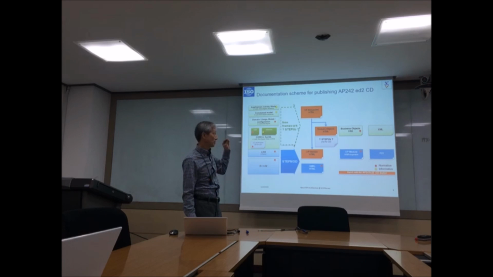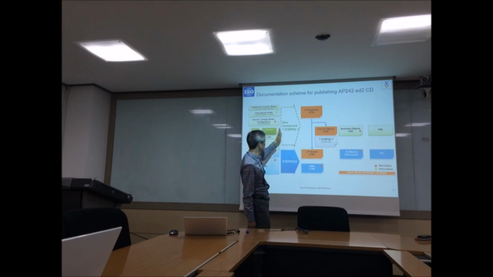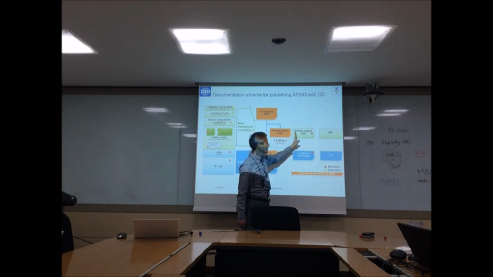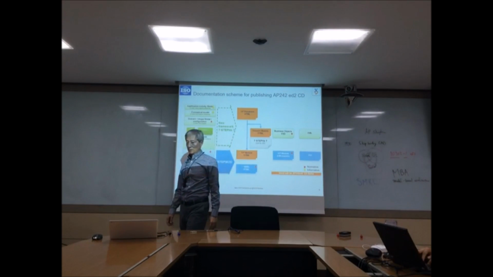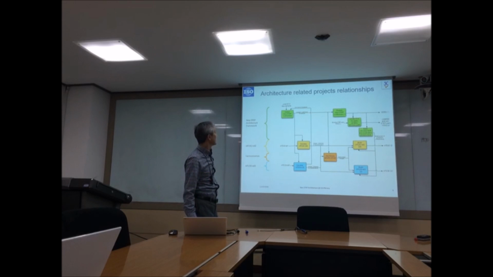This is for developing software, developing standard rather than ideas. So once all things are ready, then you make the HTML file for the publication of the standard. This is how the standard is made.